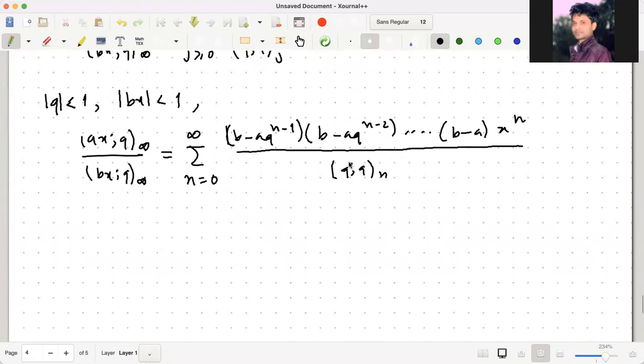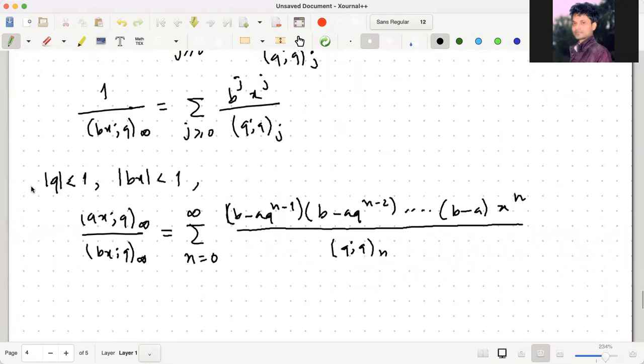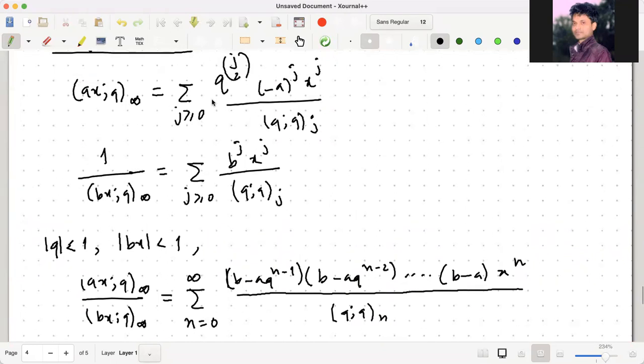So we have to use Rothe's q-binomial theorem to prove this. The proof is not difficult. You just need to multiply these two series, say 1 and 2.